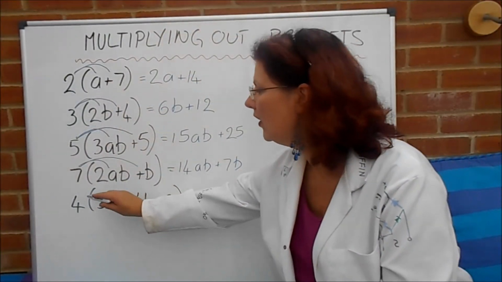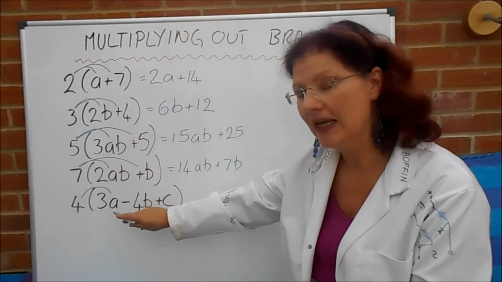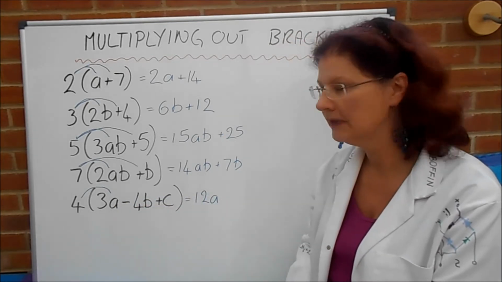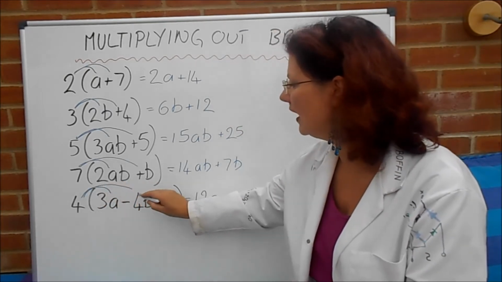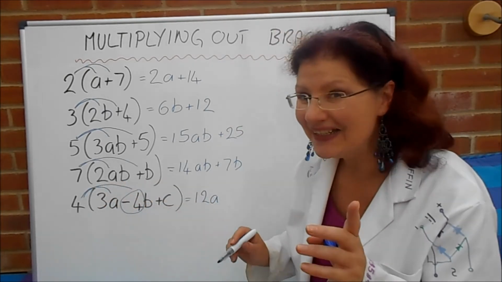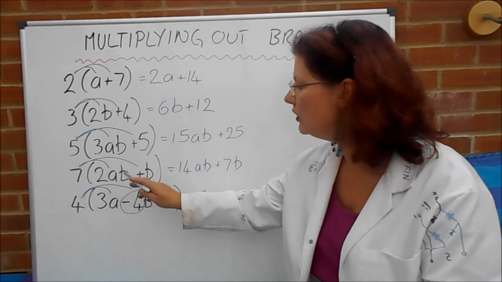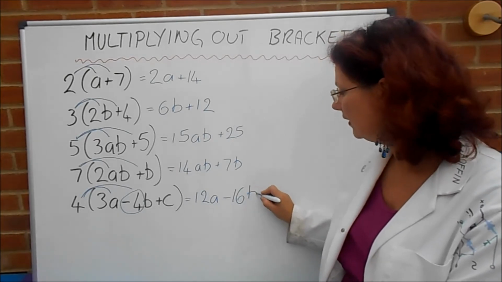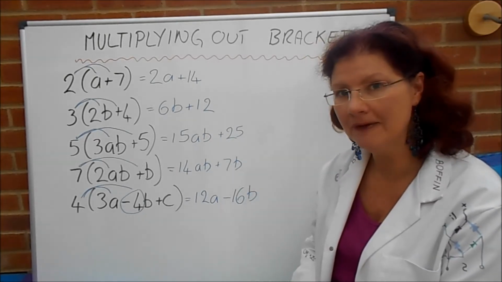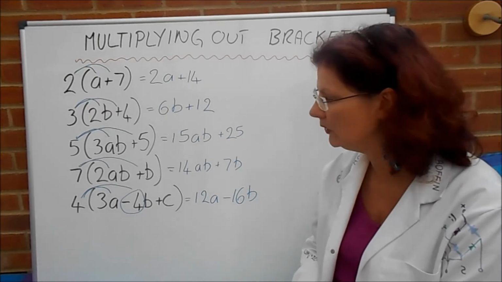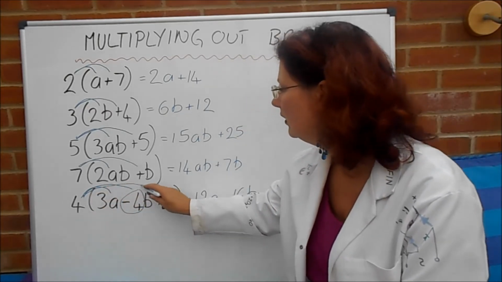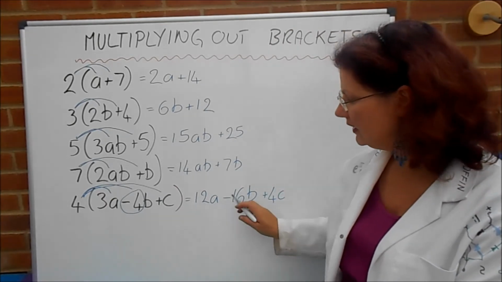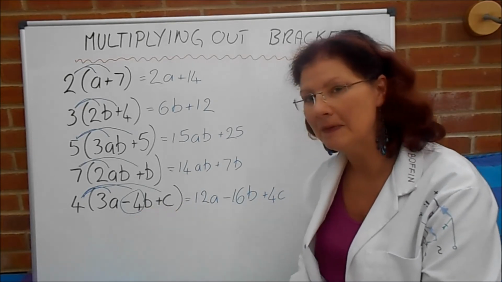Okay, here we go. 4 times 3 times a is 12a, and then 4 times negative 4, did you spot that? 4 times negative 4b's, we should have take away 16b, or negative 16b, whichever way you want to call it, and then 4 times the c gives you a 4c. And again, please note all the coefficients are in the 4 times table.